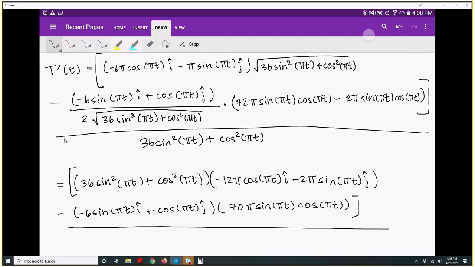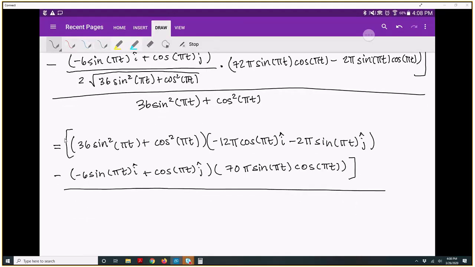I'm also multiplying that 2 square root of 36 sine squared pi t plus cosine squared pi t on the bottom. So this becomes 2 times, and now this thing will be to the power 3 over 2. So 36 sine squared of pi t plus cosine squared of pi t, that is all now to the power 3 over 2.